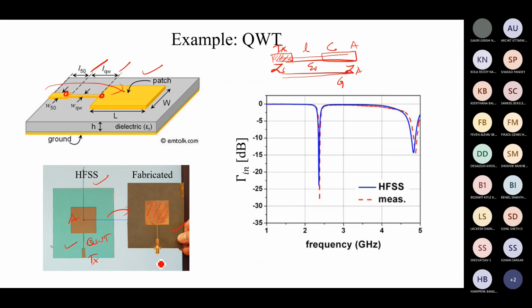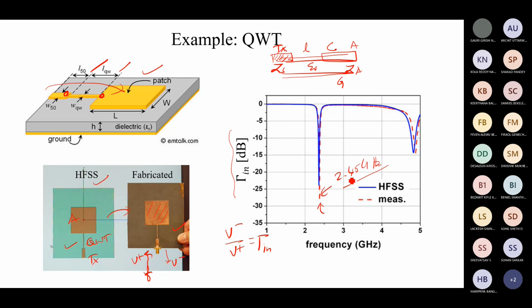So now what we are going to do, we are going to send a signal at frequency F, and we are going to calculate the reflected component. So we are going to have V plus, V minus. So V minus by V plus is nothing but the reflection coefficient. So it is plotted with respect to dB. You can see that exactly at the desired frequency we got the best matching. So this frequency is nothing but 2.45 gigahertz.